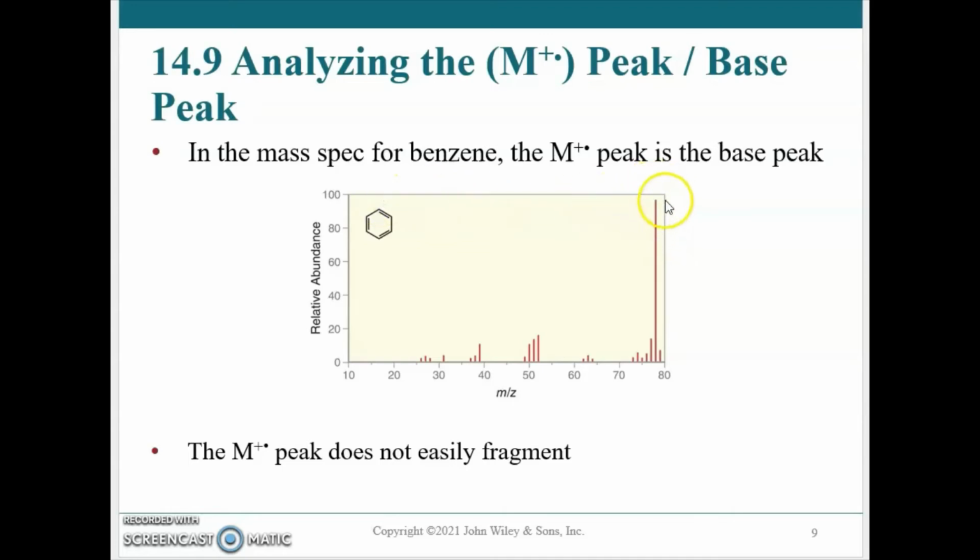So it's arbitrarily set to 100% of the relative abundance scale. That peak is known as the base peak. The base peak is that peak that's set to 100. In this case, the molecular ion and the base peak are the same. And that's because benzene is very stable and the molecular ion peak does not easily fragment.